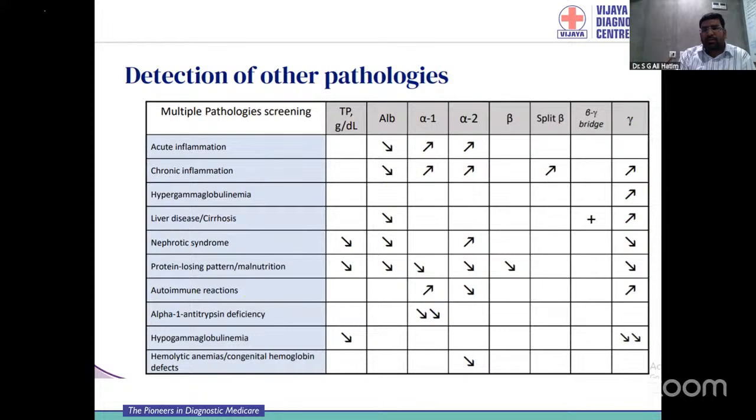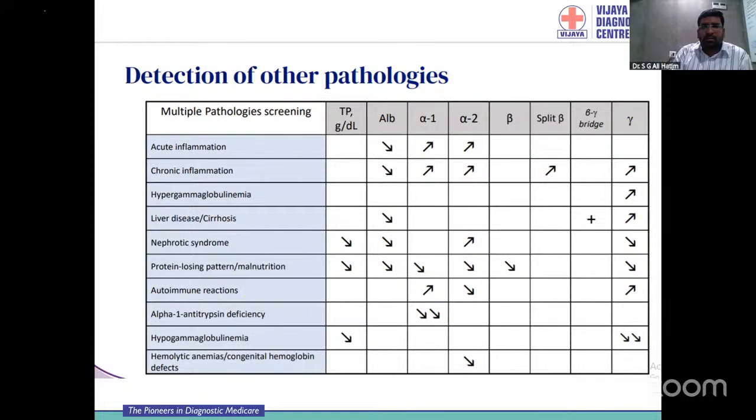In liver cirrhosis, usually because liver damage is there, and albumin is produced in the liver, definitely albumin will be decreased, whereas gamma will be increased because most of the time cirrhosis is a chronic infection. In chronic infections, we see hypergammaglobulinemia.